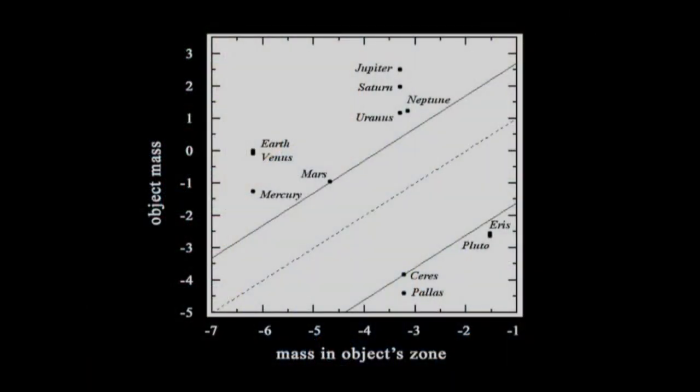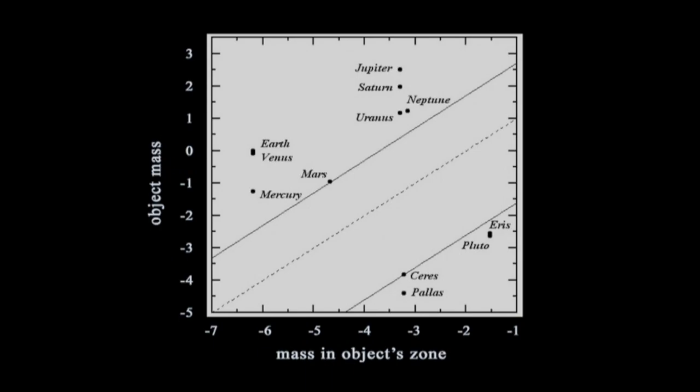So here is a plot that plots the object mass on the y-axis, and on the x-axis, it plots the amount of mass in the zone. Okay, so if you take an object's orbit, its perihelion to its aphelion, and you say how much mass is in that zone, that's what's plotted on the x-axis.